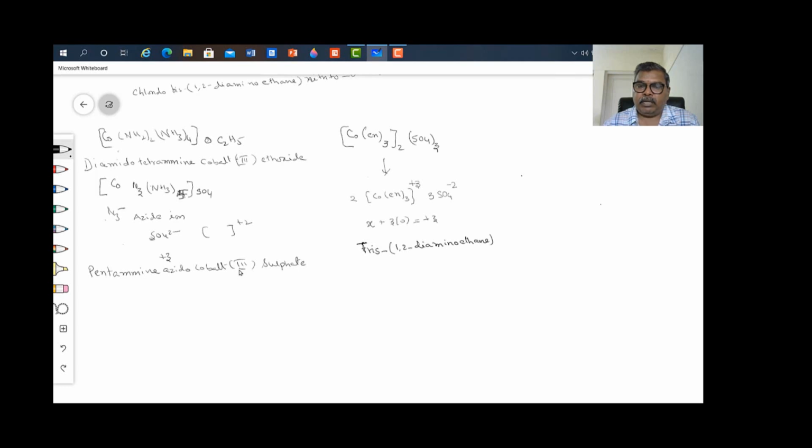Okay, now write down the metal cobalt. What is the oxidation state of cobalt? 3 plus, therefore Roman number 3, and sulfate. This is the name of the anion. So this is the IUPAC name of the complex.